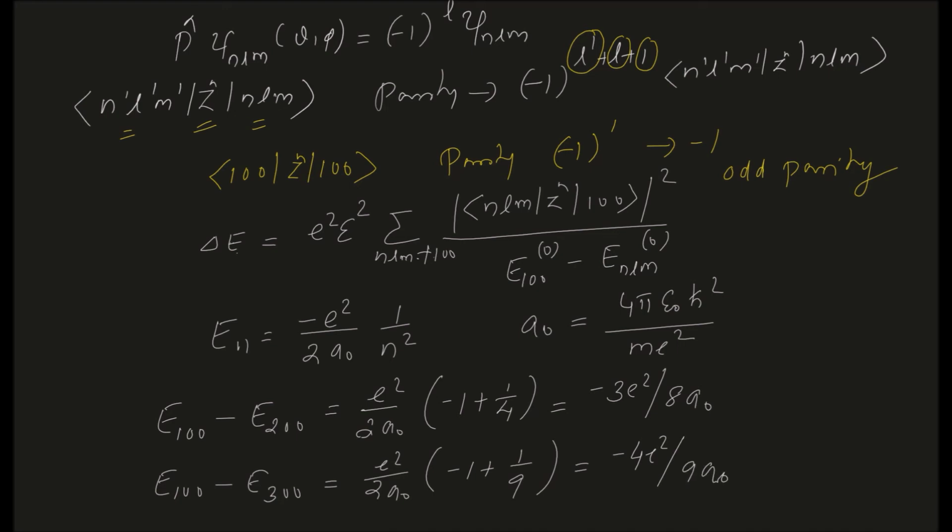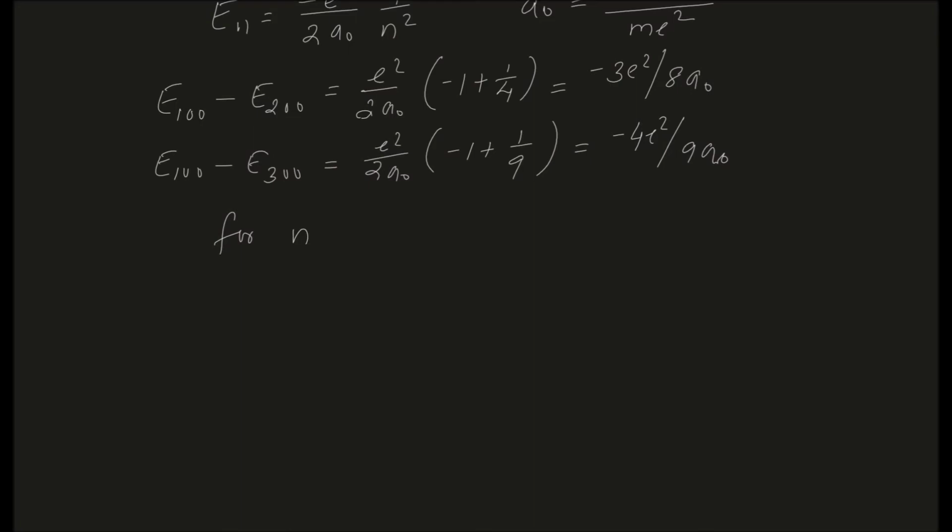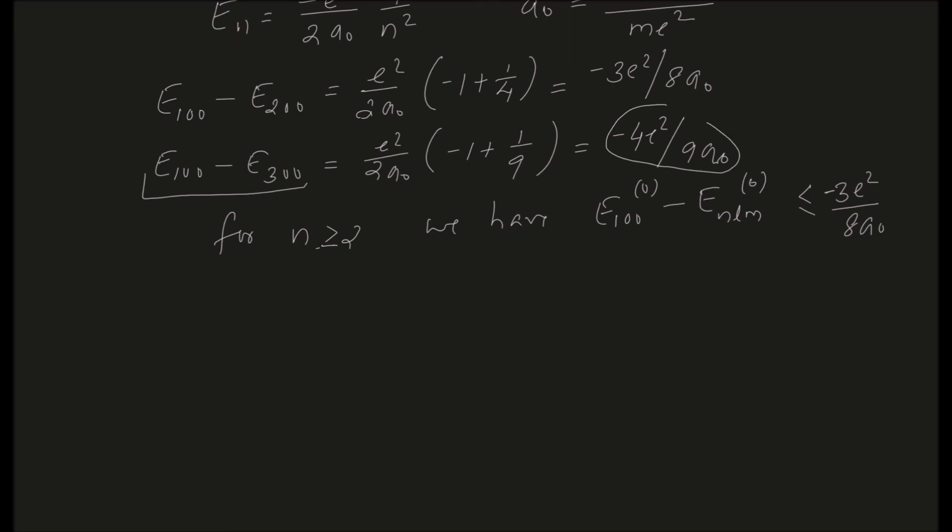What you can conclude from here is that for n greater than or equal to 2, the difference between E 1 0 0 minus E n l m 0 will be less than or equal to minus 3 e squared by 8a0, because if you take the energy difference between E 1 0 0 and the next higher level, that is E 4 0 0, then you are going to get a number which is again less than this one.